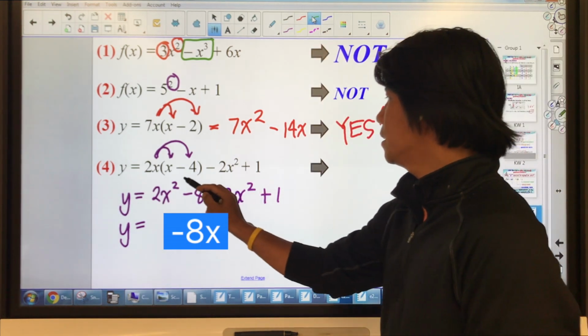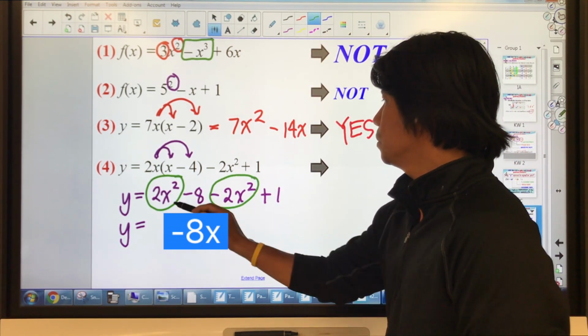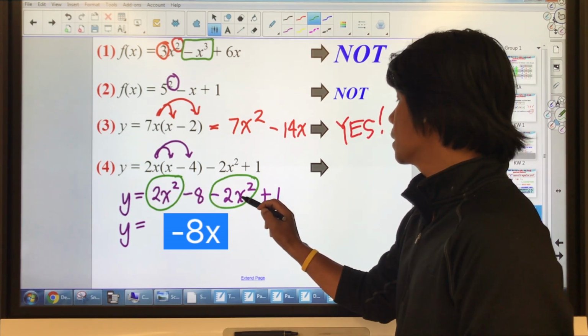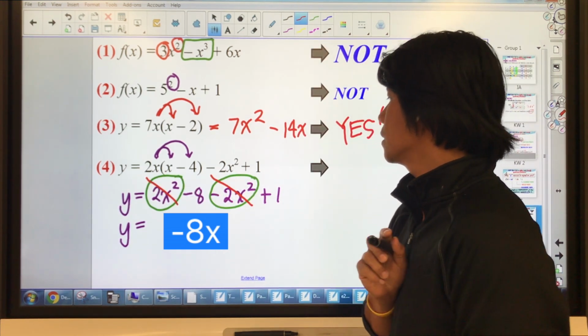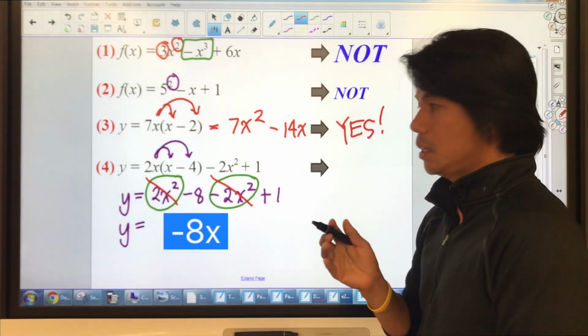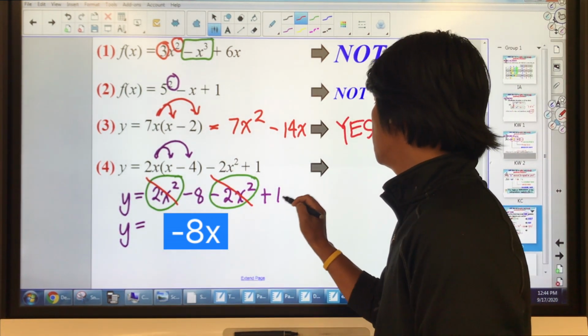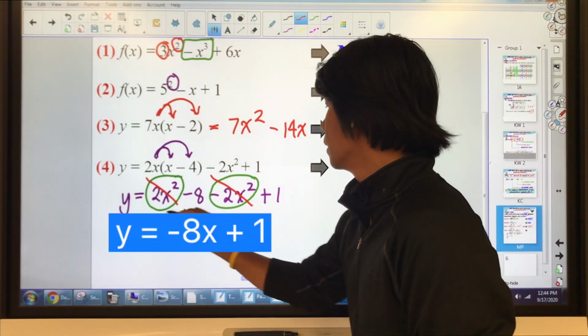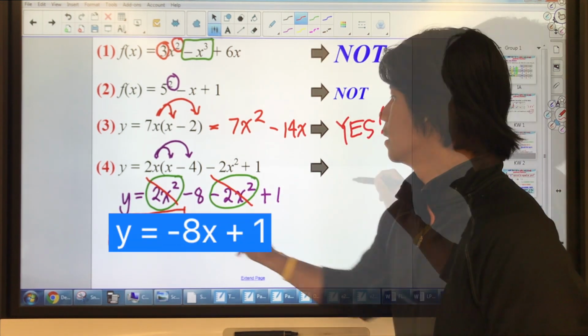We combine like terms. We combine this with this. So 2x squared minus 2x squared, they cancel each other out. So it's 0. Negative 8 plus 1, that's negative 7. Is that a quadratic function? No.